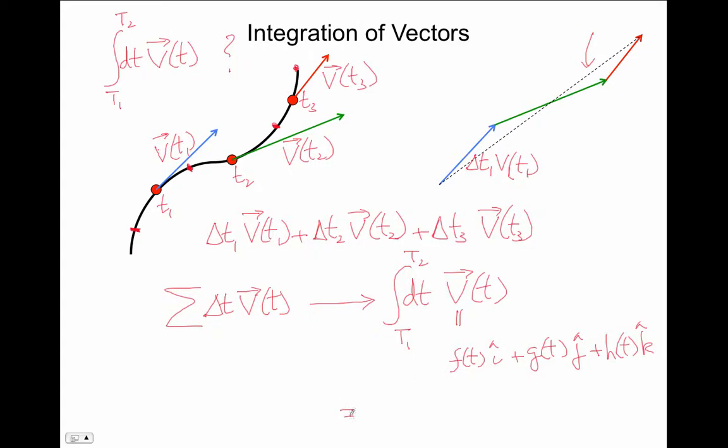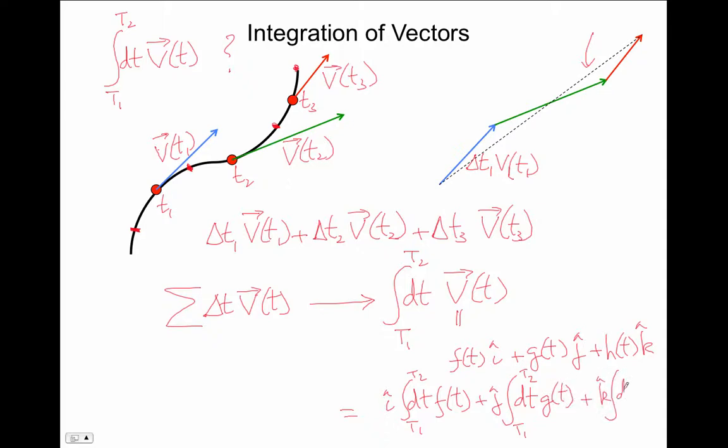But in that case, this thing will be i times the integral of f of t from t1 to t2 plus j times the integral from t1 to t2 of g of t, etc. And finally this.